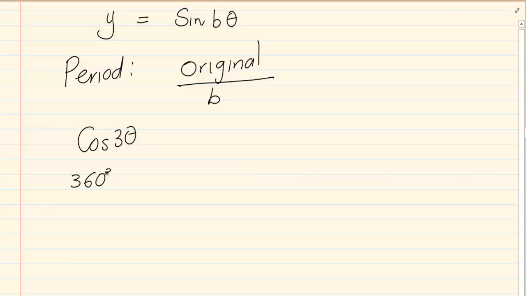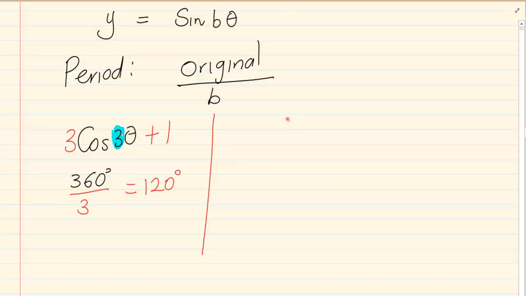Remember, that is from your mother graph. What am I going to do? I am going to divide it by 3, which would immediately tell me that the period of this graph is 120 degrees. It doesn't matter if I go and I add numbers in front or after it. The number that affects the period is the one that is immediately next to the ratio.